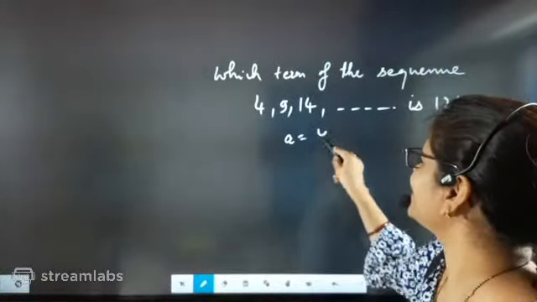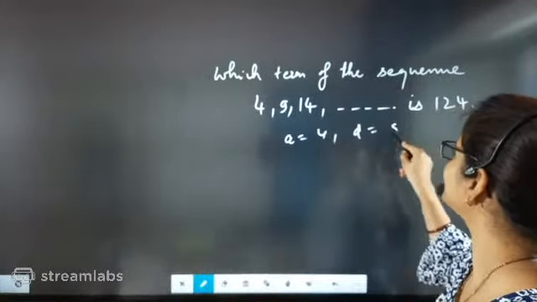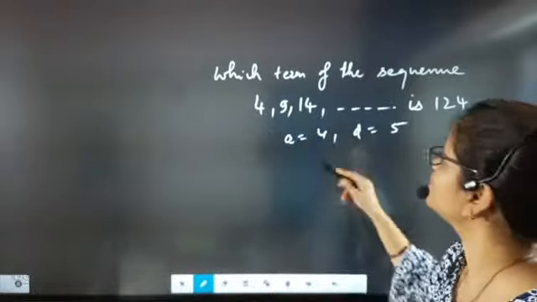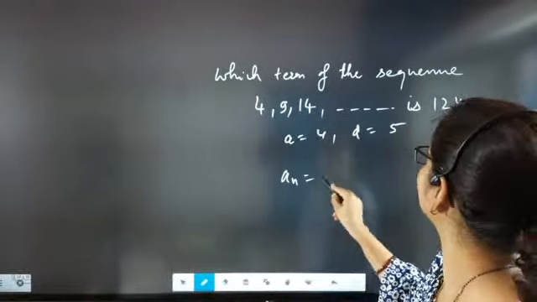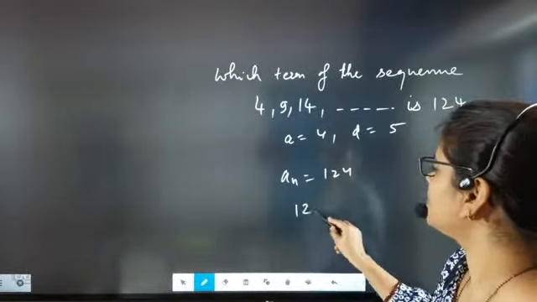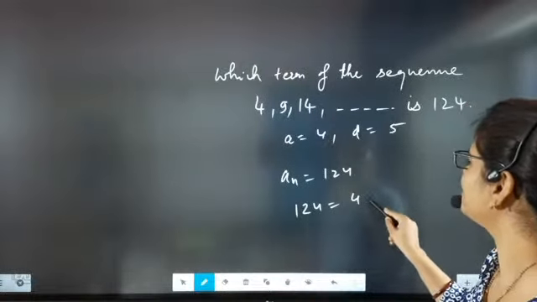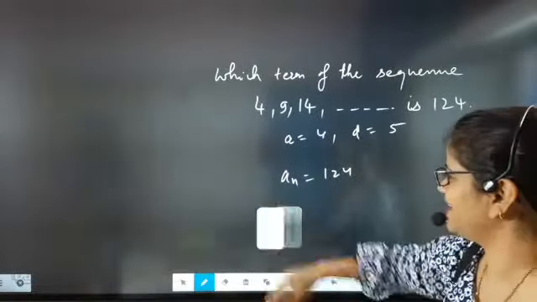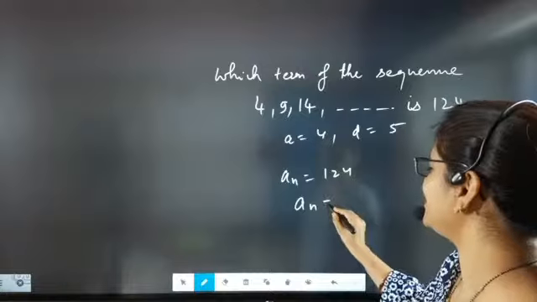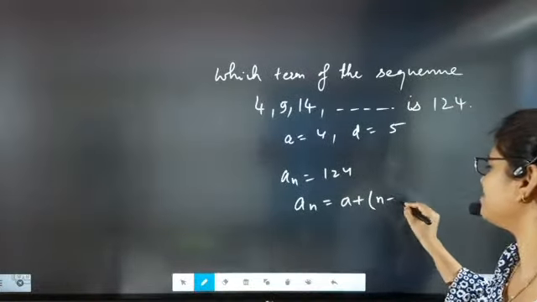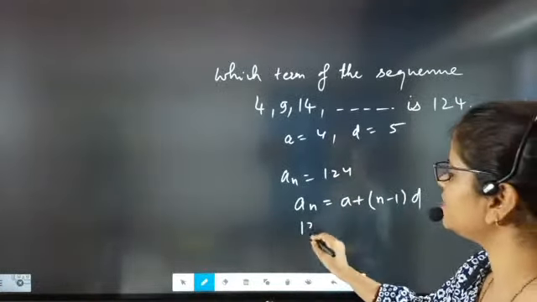So A is exactly coming 4. Common difference is coming 5, that is 9 minus 4 is 5. Then beta, an is nothing but 124. So 124 is equal to 4 plus... I am also doing like you. I have to write first: an is equal to A plus n minus 1 into D, and an is 124 given.